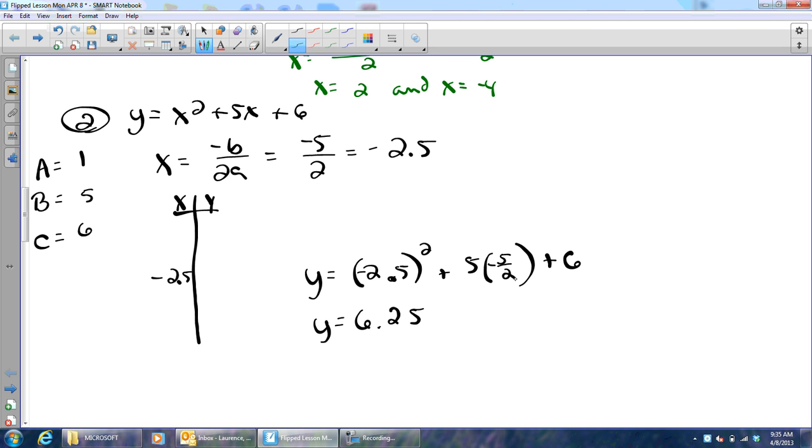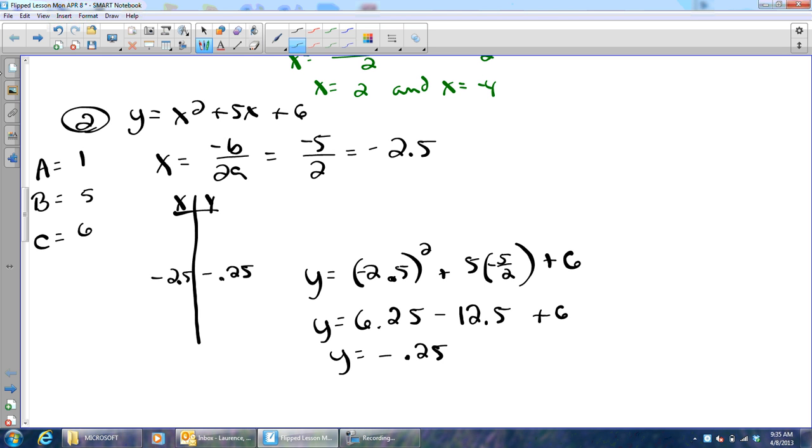And this is going to be negative 25 over 2. 24 over 2 would be 12, so 25 over 2 must be 12.5, and then plus 6. And it looks like y is going to end up equaling negative 0.25, or negative 25 hundredths.